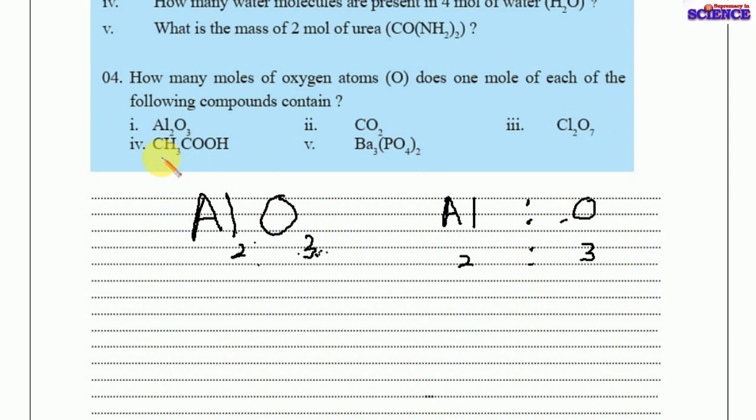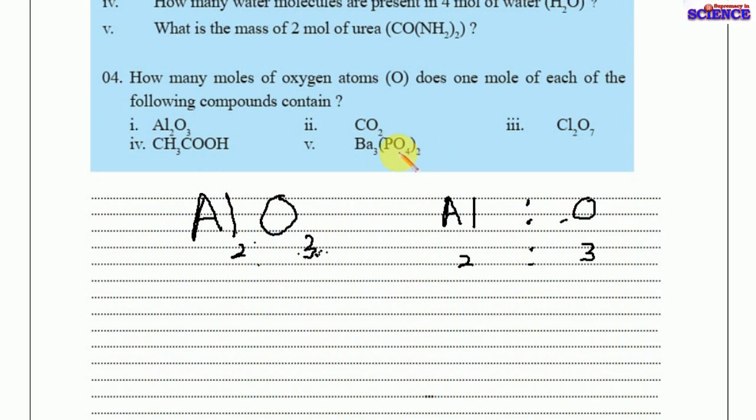And for this one, I told you in this type of formula you have to make the empirical formula. That means C2H4O2. They are asking for O, right? 2 times O is there. That means 2 moles of oxygen are present here.